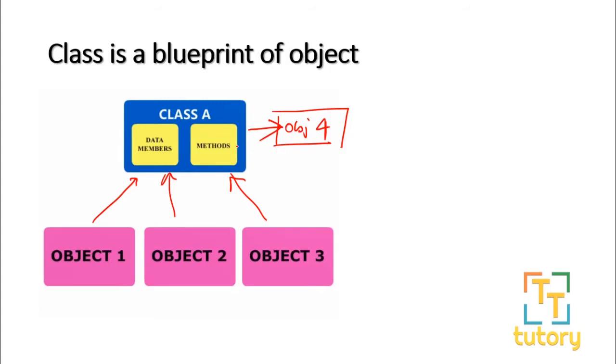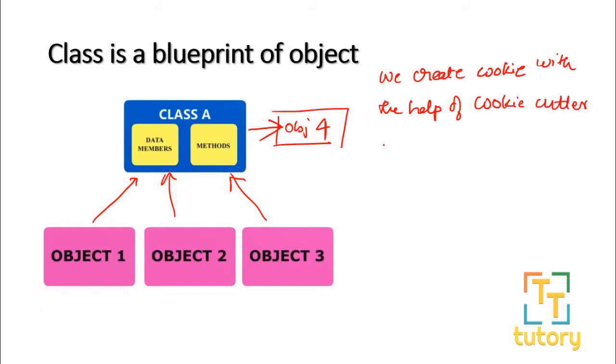To further explain it to you, let me give you an example of a cookie and a cookie cutter. Suppose we create cookies with the help of a cookie cutter.